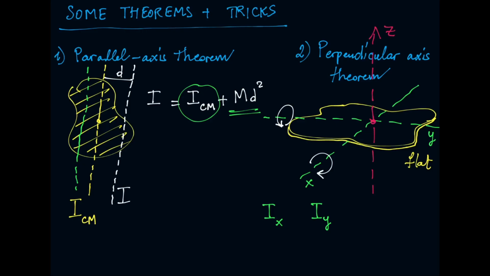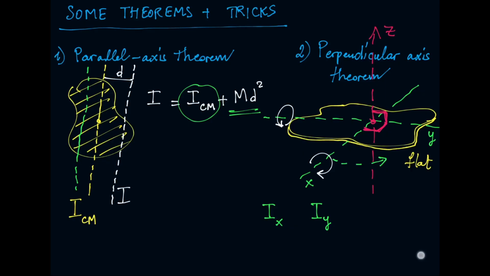So both x and y must be perpendicular, and z is perpendicular to the plane in which the pancake lies.